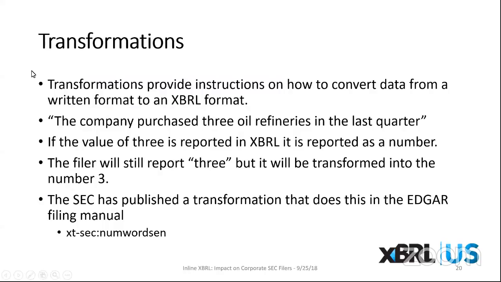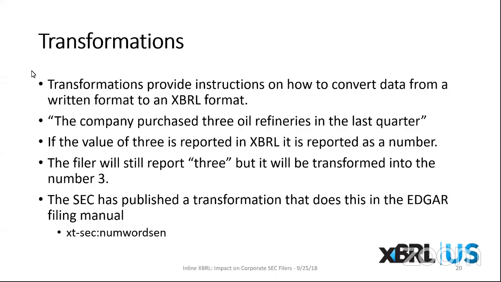Now, mentioned earlier was transformations. Transformations are an interesting topic in Inline XBRL. They provide instructions on how to convert data from a written format to an XBRL format. A lot of the time, the data you see in your HTML file is not in the same format that's acceptable to XBRL. For example, the sentence, the company purchased three oil refineries in the last quarter.